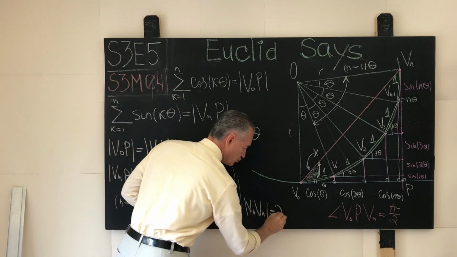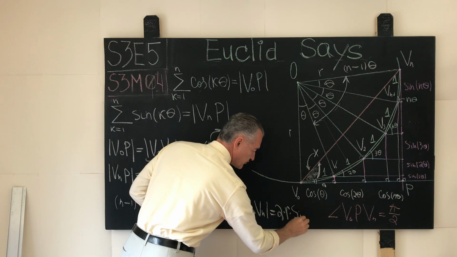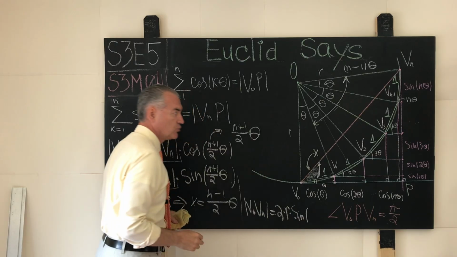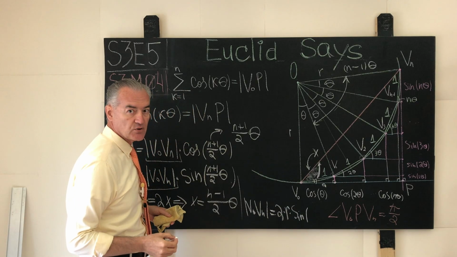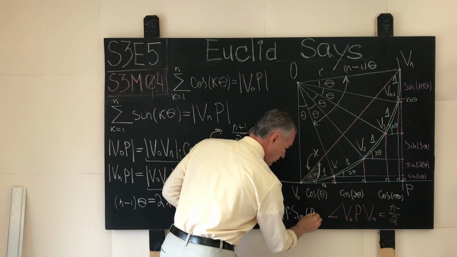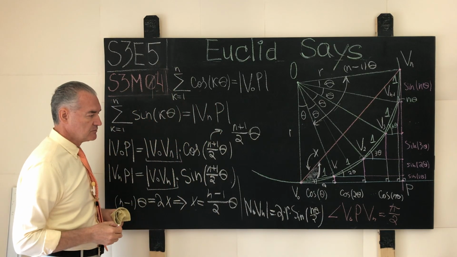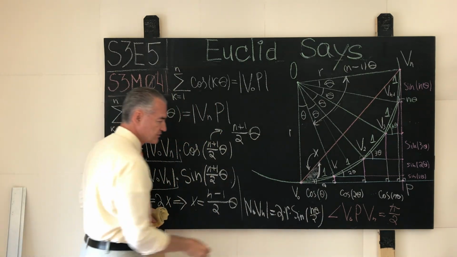It is equal to 2 times r times the sine evaluated at where? How many copies of the angle theta do we have here? Exactly n. So we have n theta over 2. Bam. Done deal.